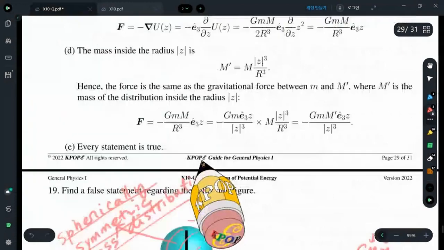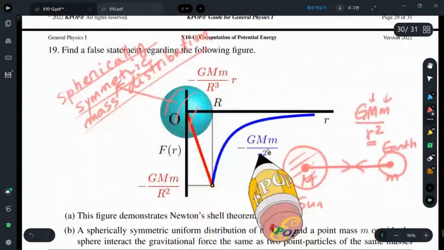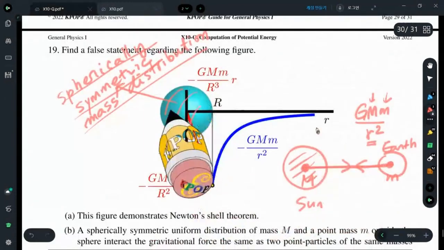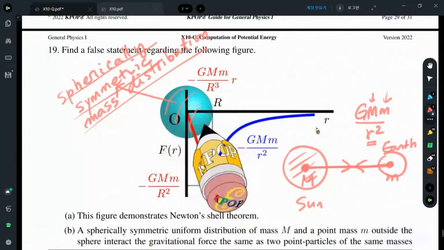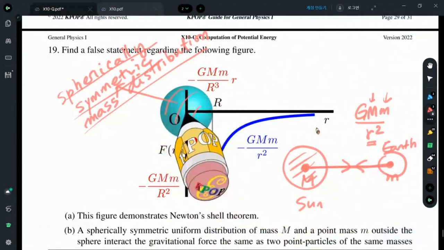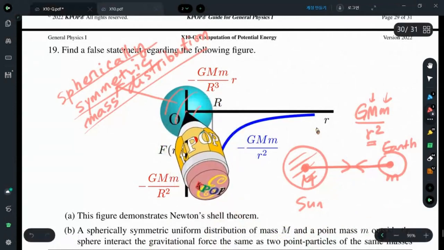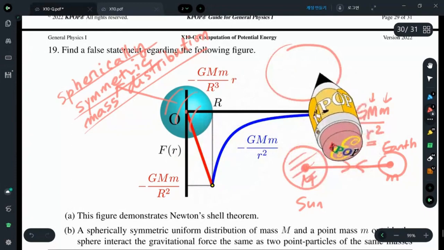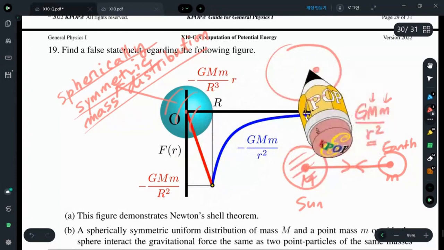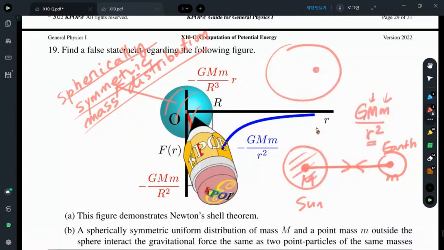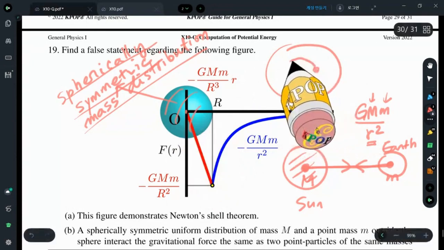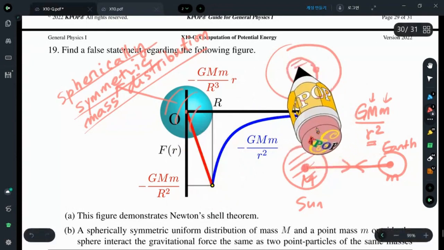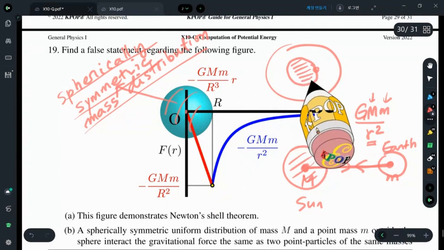We discussed the final result. If the sphere is filled with mass, then at the center it does not feel any gravitational force. And if it is a spherical surface, then inside there is no gravitational force. However, if it is filled, then this point mass feels the mass inside this radius.